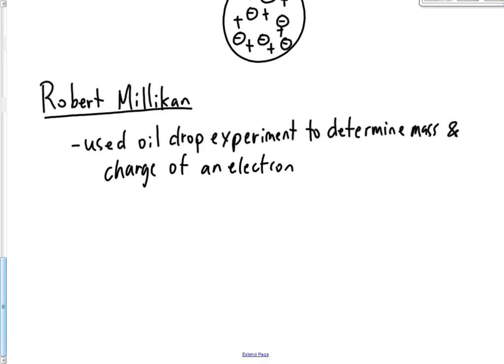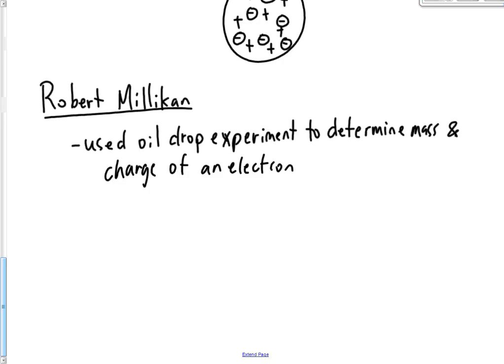Okay, and it's difficult to draw on here, but if you go onto YouTube and you search Robert Millikan oil drop experiment, there's several nice animations for you to watch, to see how he determined the mass and charge of the electron.